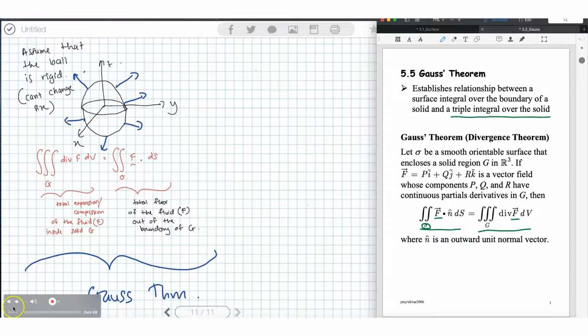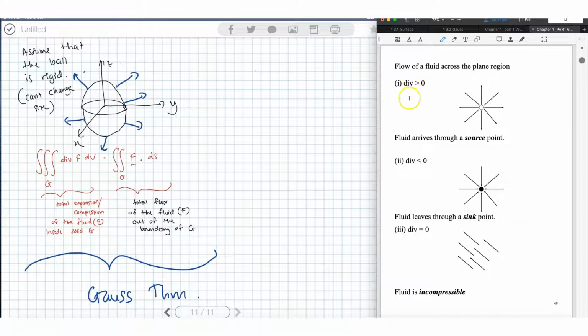Let me show you again about that. For the divergence, if the answer at that point is positive, it means the flow diverges away from the source point.